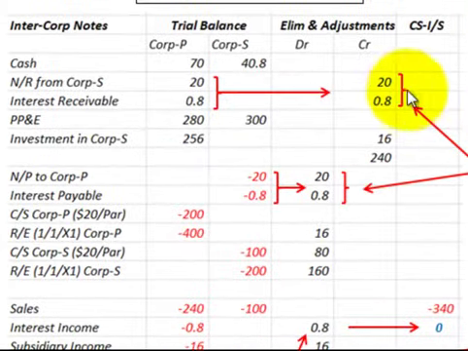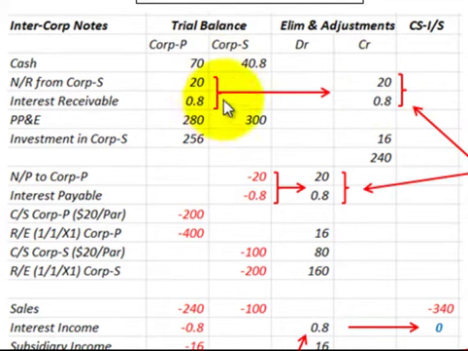So going over to our worksheet, you can see we have our notes receivable from Corporation S and the interest receivable. We just take that over and we credit those amounts for our adjustment. And then looking at our notes payable to Corporation P and the interest payable, we take these amounts, Corporation S, and we debit those for our adjustments.